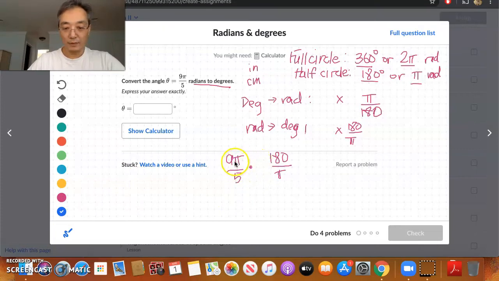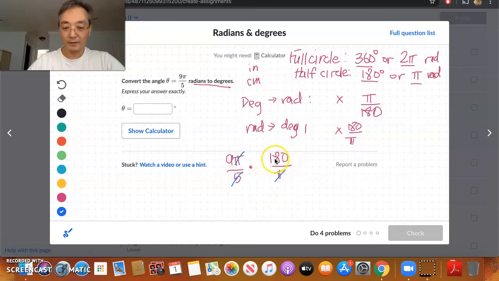We can think about this as one big fraction because it's multiplied, so we can cancel factors that are across from each other. We have a pi up here and a pi down here, and those are going to cancel out.